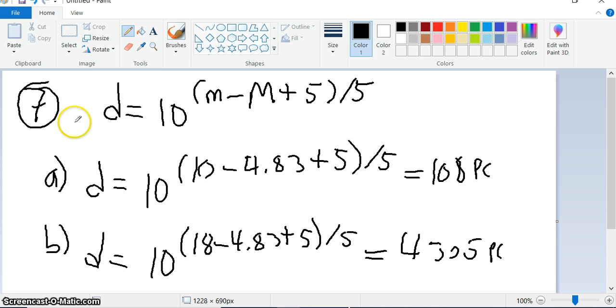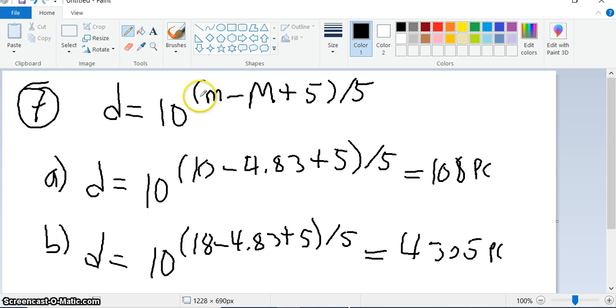All right, so we're going to do each of these. The basic idea here is we're just using this equation over and over. If you know the apparent magnitude and you know the absolute magnitude, you can calculate the distance using this formula. It's 10 raised to this power.